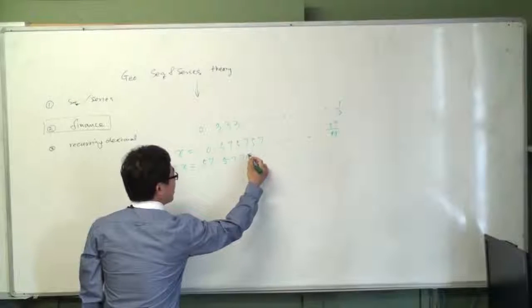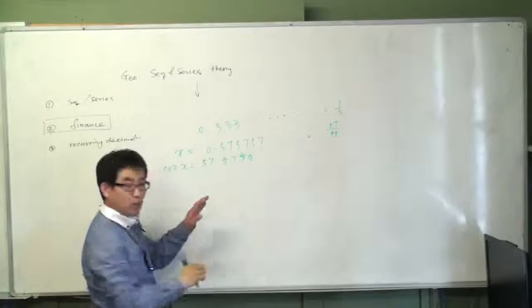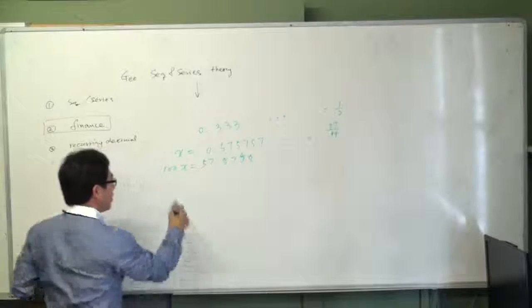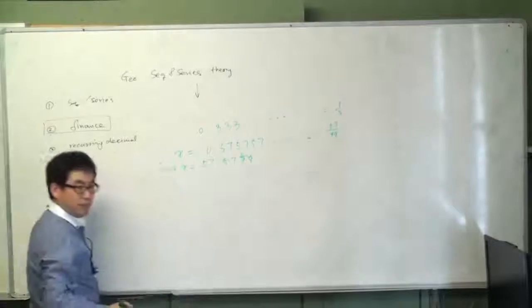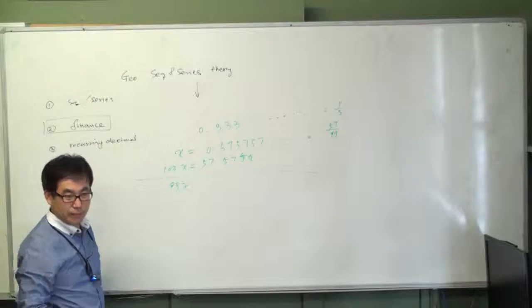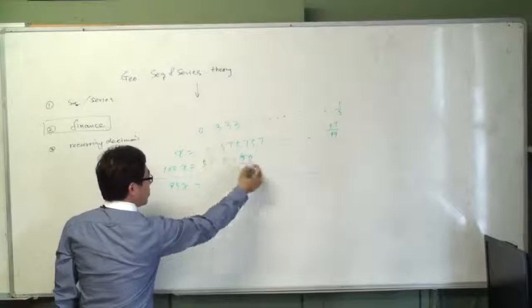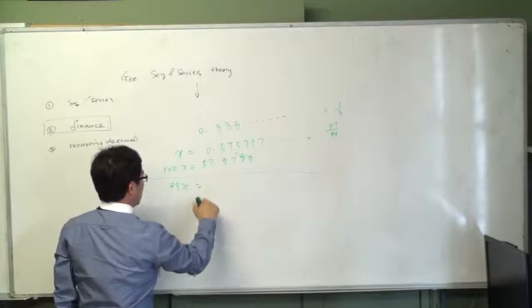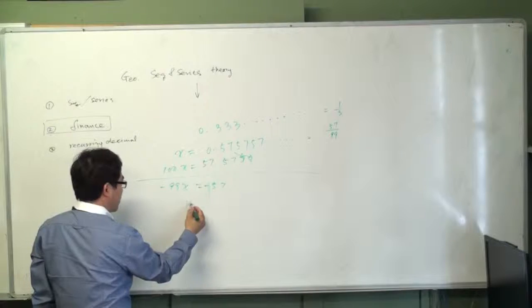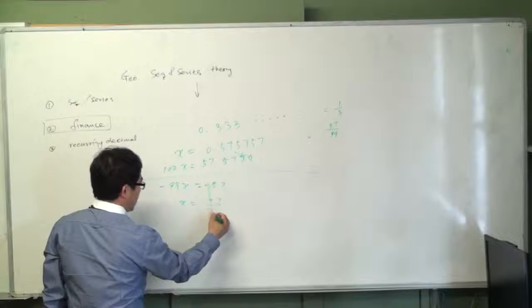Then our idea is what? Subtract it, then the whole endless part will go away. Then 99. This is where 99 comes from. It all becomes gone. 99x equals 57. x equals 57 over 99.